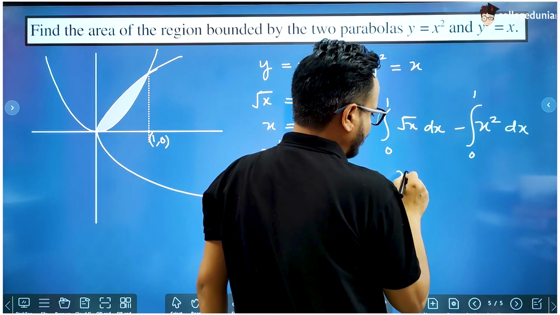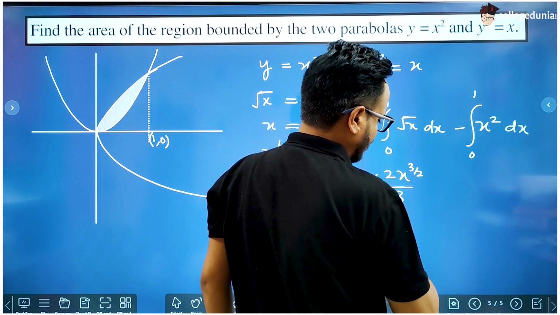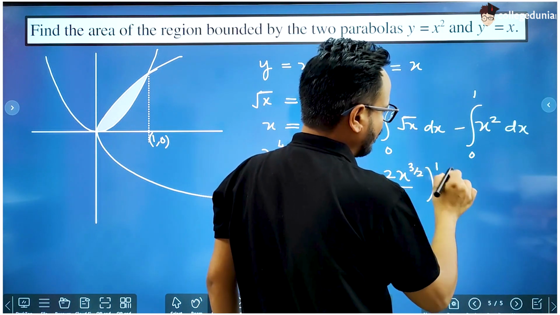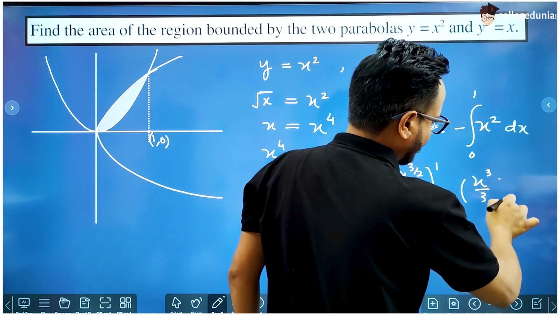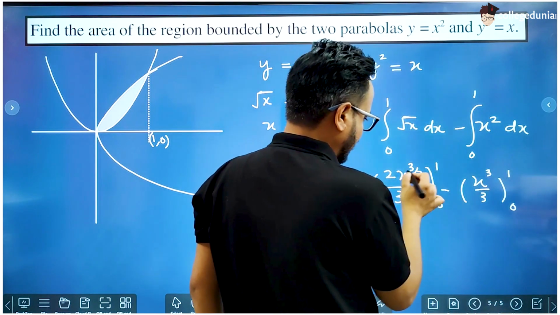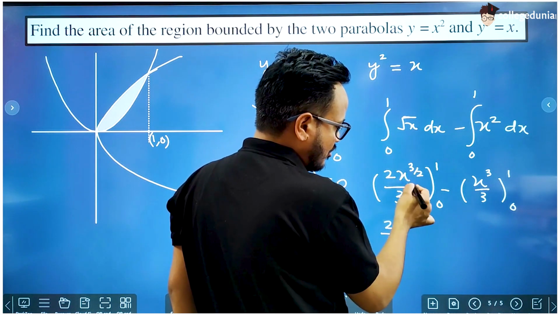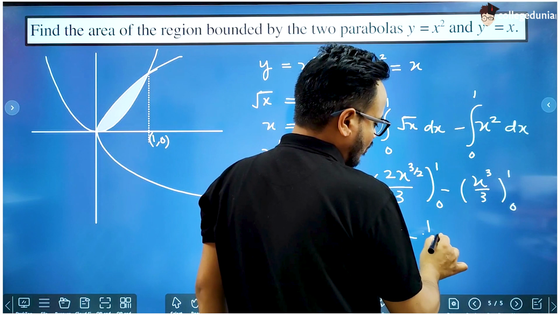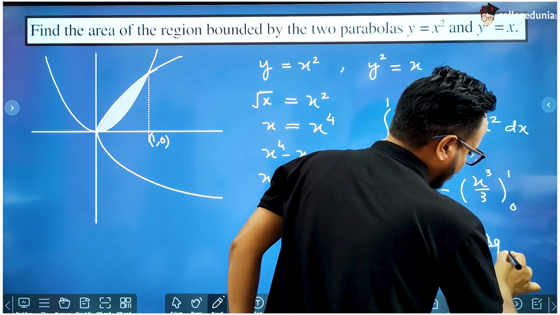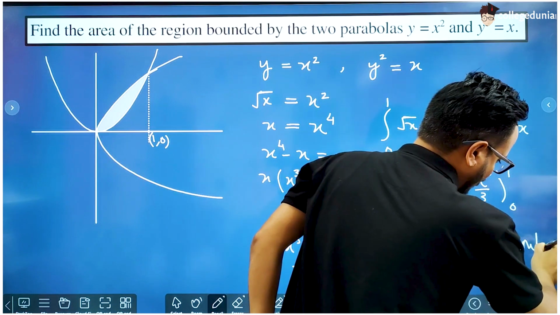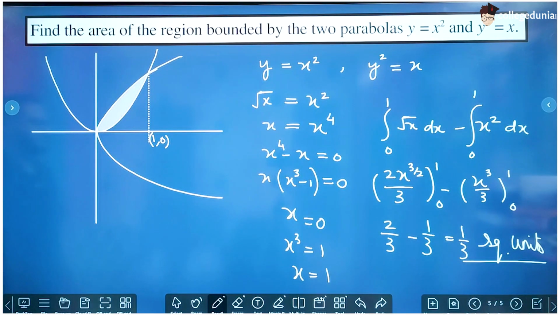X to the power 1 by 2, and the integral is x to the power 3 by 2 by 3 by 2, from 0 to 1, minus x cube by 3 from 0 to 1. Putting 1 we get 2 by 3, 0 gives nothing, minus 1 by 3, which is 1 by 3 square unit. So that is the area bounded between these two curves.